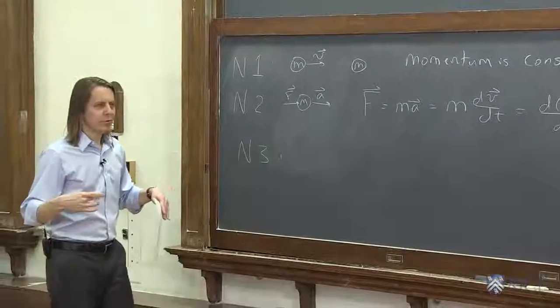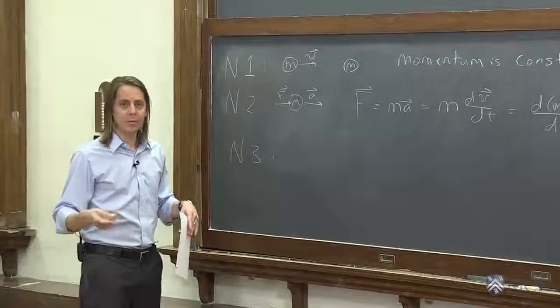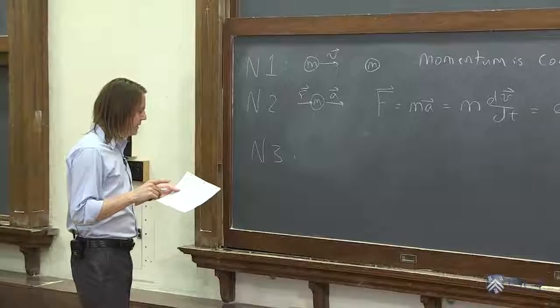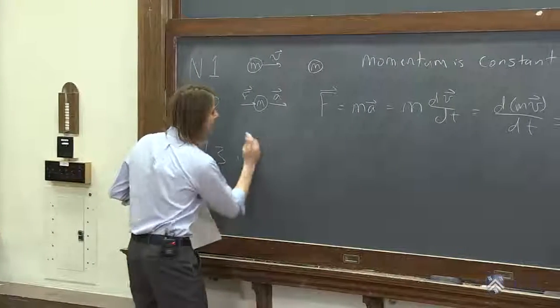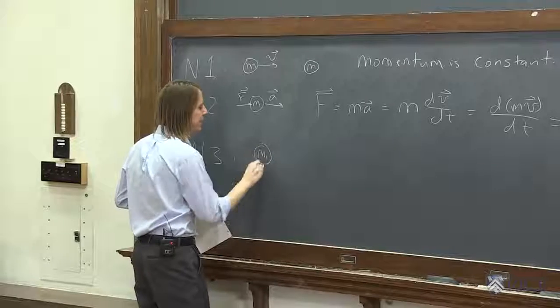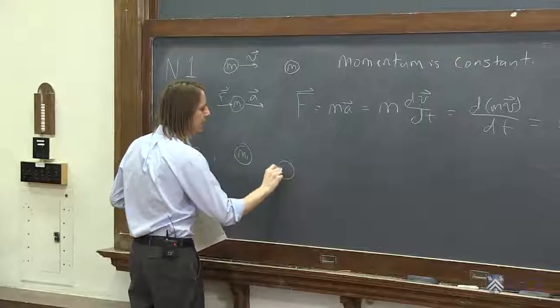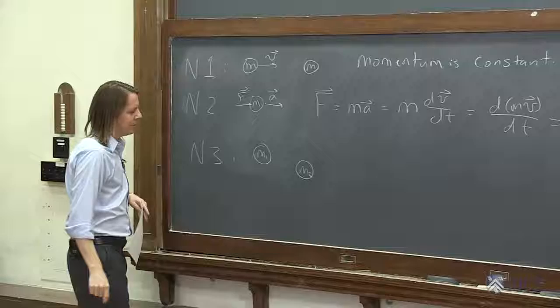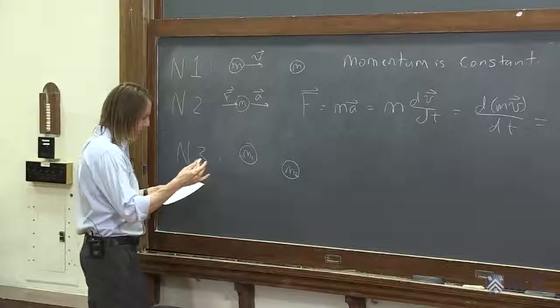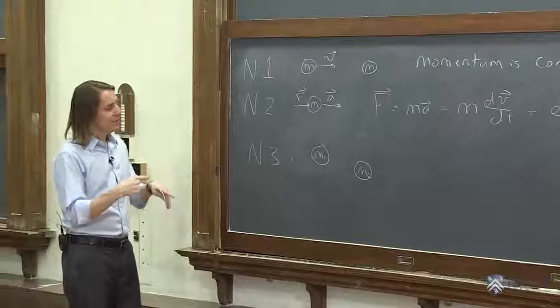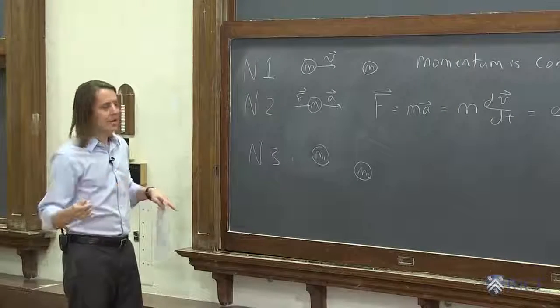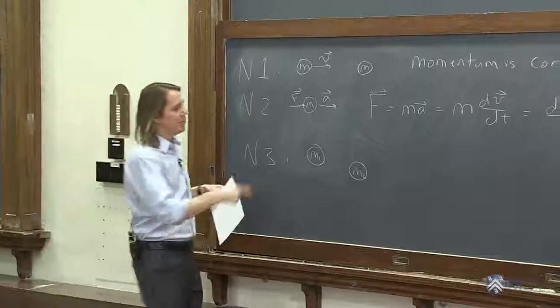Let's look at Newton's third law. For every action, there's an equal and opposite reaction. So for this one, let's draw a couple of masses interacting with each other. So here we have m1, and here we have m2. Let's say they're going to feel a force on each other. It could be a gravitational force that's attractive. It could be an electrostatic force that's repulsive. Doesn't really matter. Let's make it repulsive.